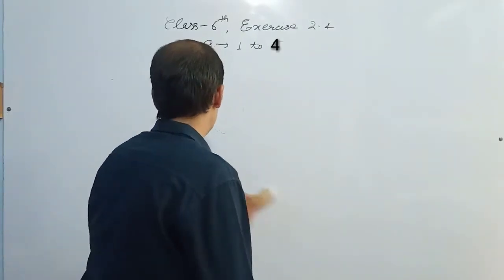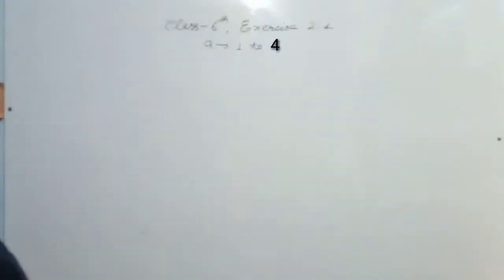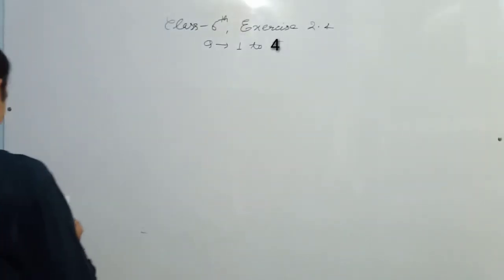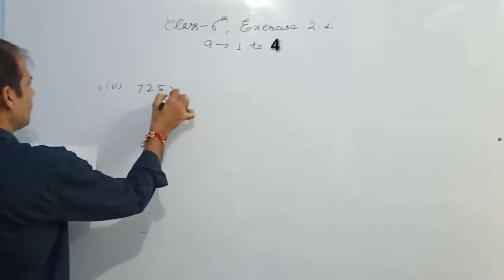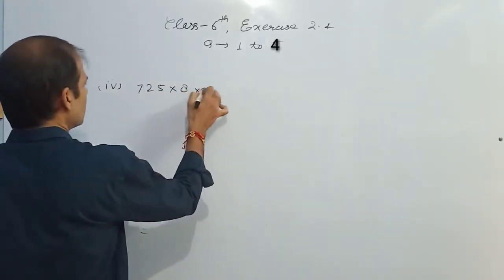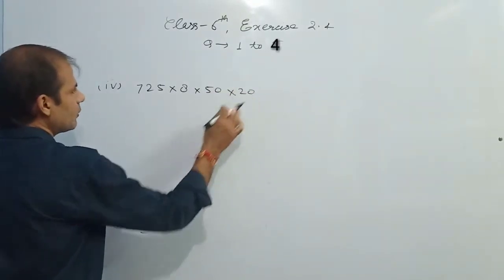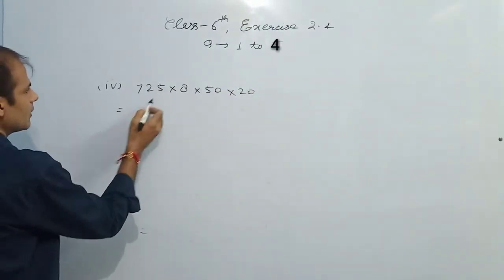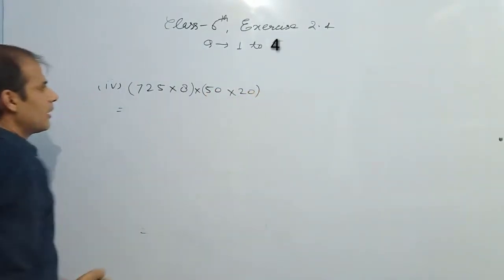Next part, there are total 4 parts. So I solve the fourth part here. 725 into 8 into 50 into 20. So you know that 50 into 20 is 1000. Now regroup all the numbers in the same order.